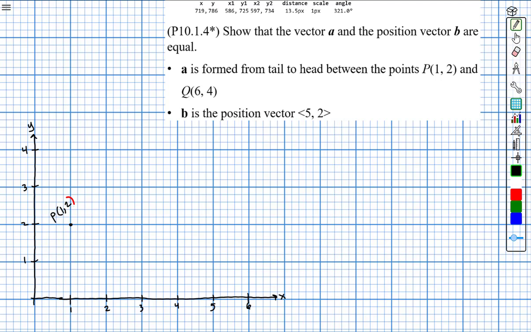So I go 6 units on the x-axis, 4 units on the y-axis. So here is point Q. Let's connect these 2 points with a vector arrow. So this is my vector A, which is connecting the 2 points starting from P and ending at Q.